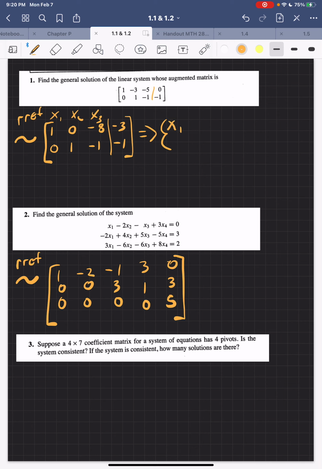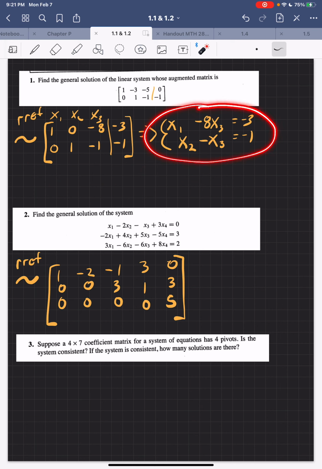This is x sub 1 minus 8 x sub 3 is equal to negative 3. Then you have x sub 2 minus x sub 3 is equal to negative 1. So the first step is REF. The second step is to go back to equation form, system form.